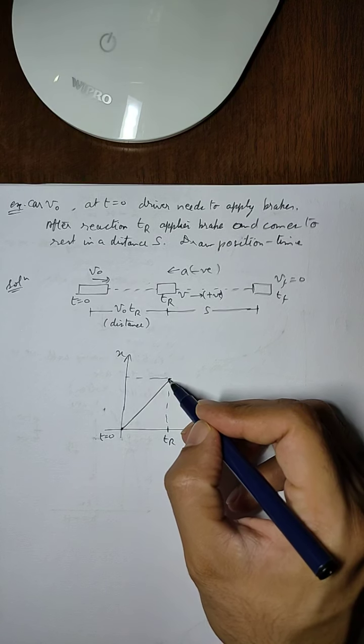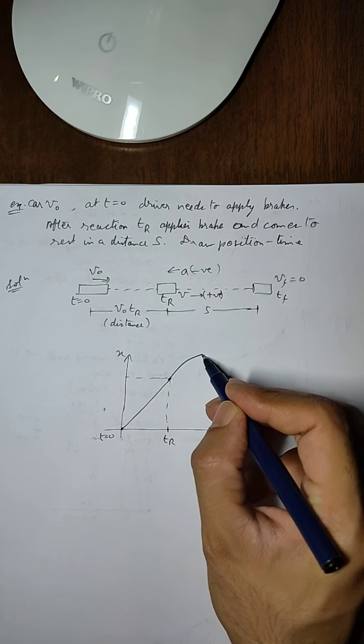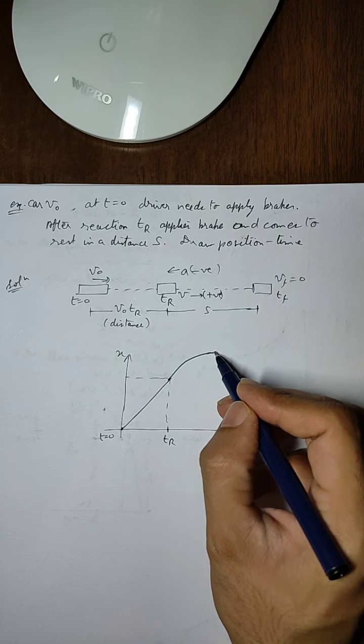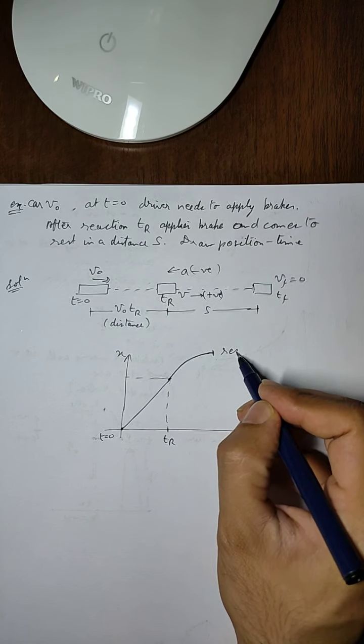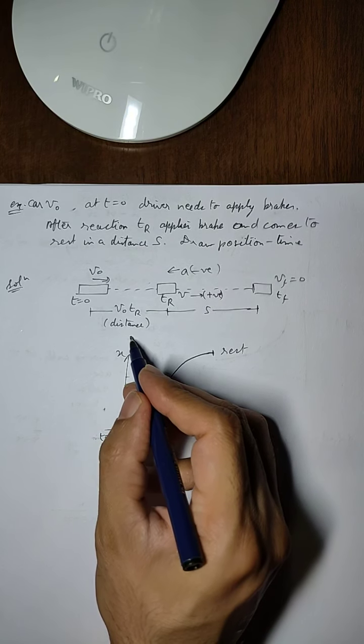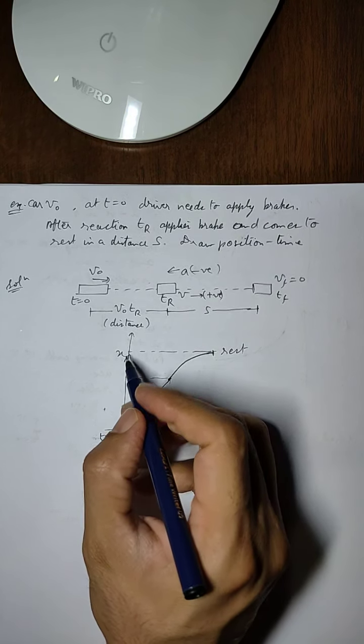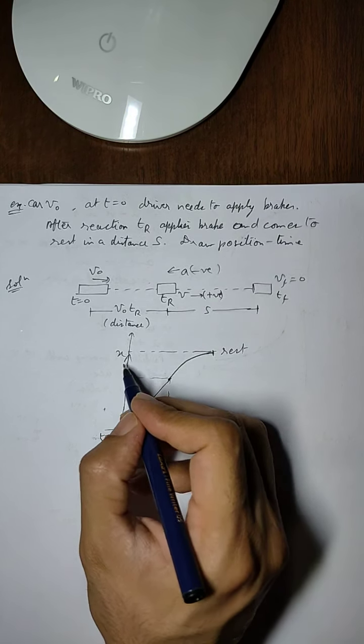So here the curve will be like this, it is retarding till the displacement becomes horizontal, that means the displacement becomes constant, or in other words the body comes to rest. So this will be the value of displacement when the body comes to rest, and this happened at time tf.